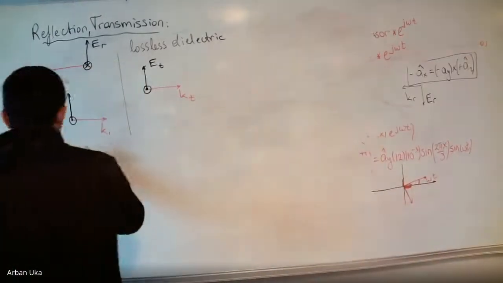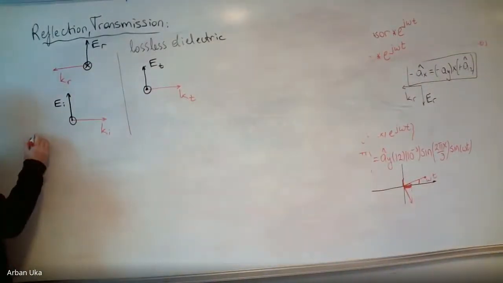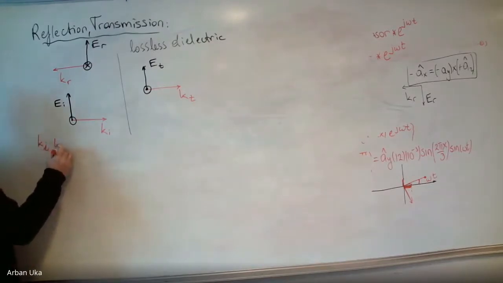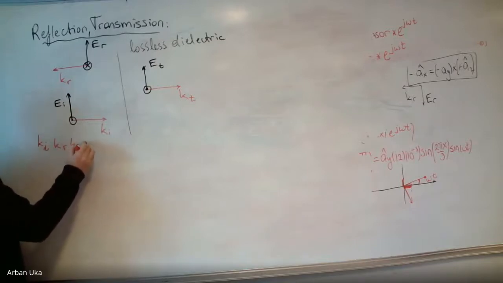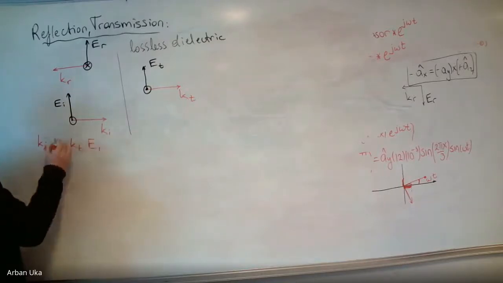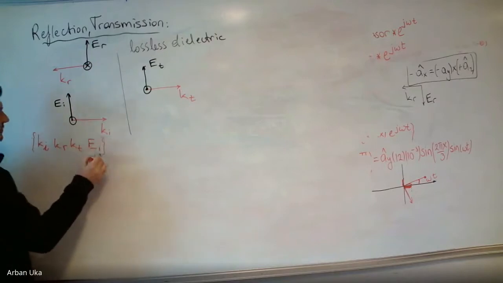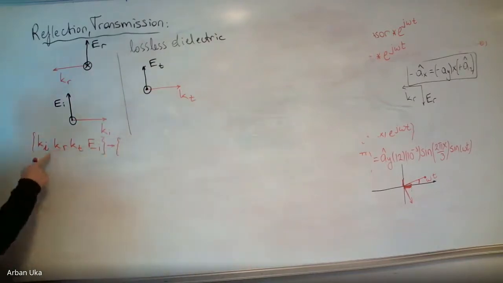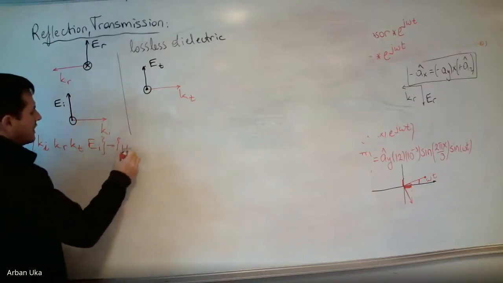So probably it's good to think in terms of this. We know the direction of Ki, we know the direction of Kr is reflected, it should come backwards, right? We know the direction of Kt, we know the direction of EI, that's it. We don't know anything else. Then, from here, what can we conclude? Well, we can find the direction of Hi.